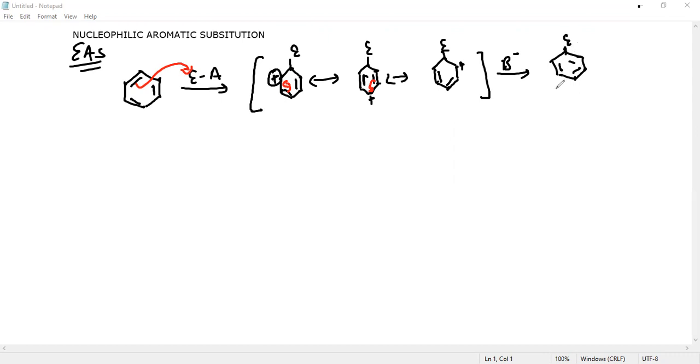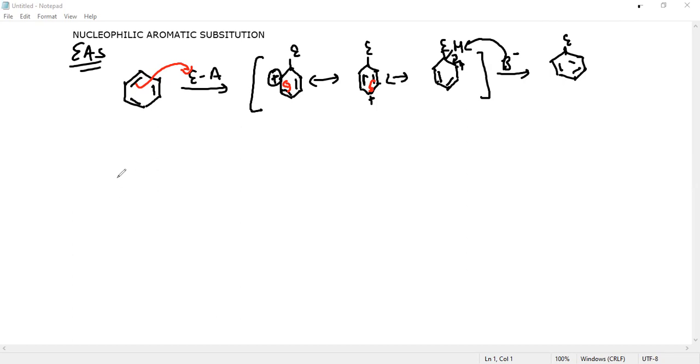And then you have this electrophile. If you can recall, there is a proton here. So this base will grab this proton, and this aromaticity will be resumed, right? This is what we did last time as well in our electrophilic aromatic substitution online lecture.